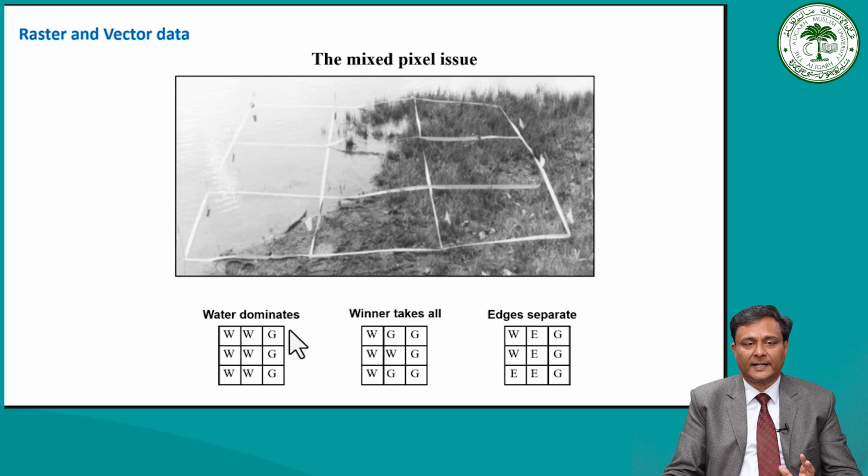This way you can understand. But if you take the dominating land use, then this middle attribute assigned would be taken as an example. And if edge separates, if you take that way of representation of attribute information, then the result would be like this.